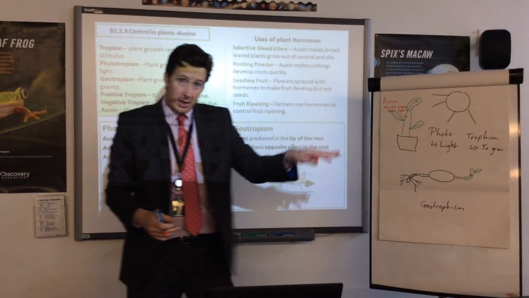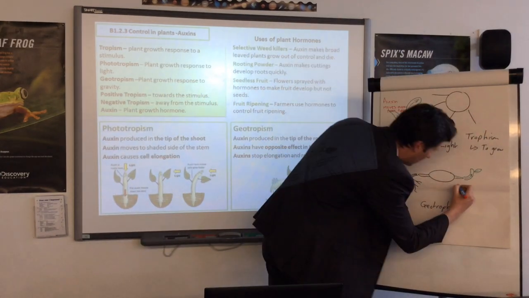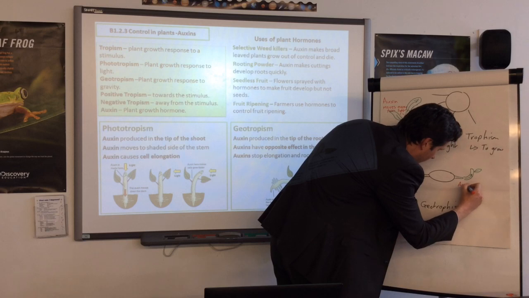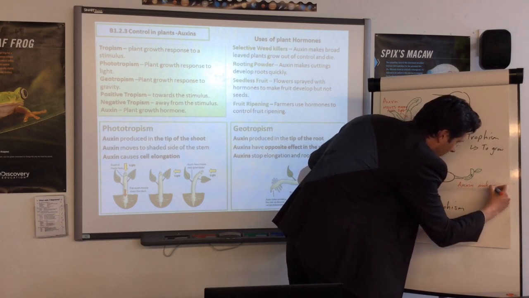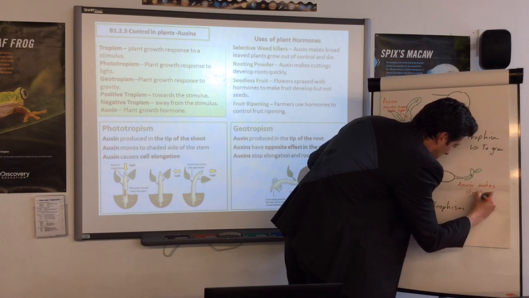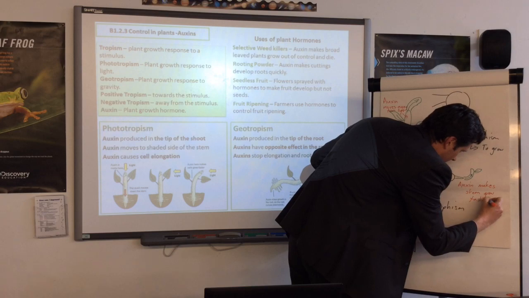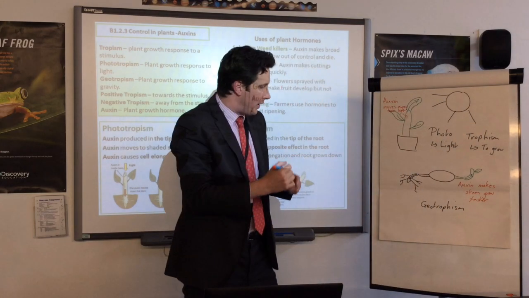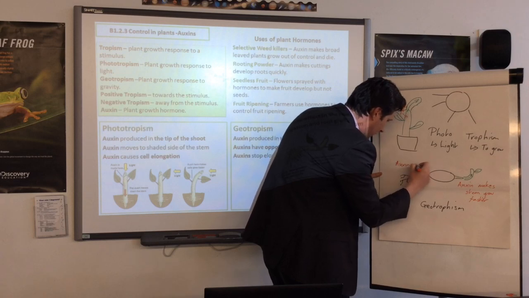So auxin sinks to the bottom, causes the stem to grow upwards. So it makes the stem grow faster, and auxin makes the roots grow slower.